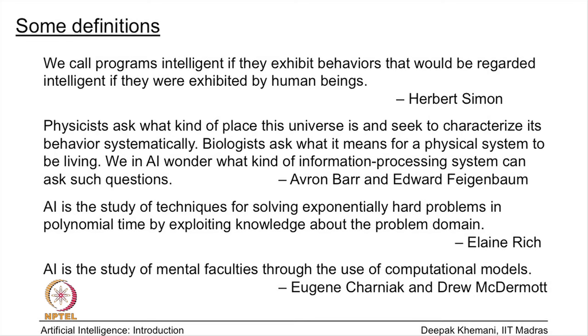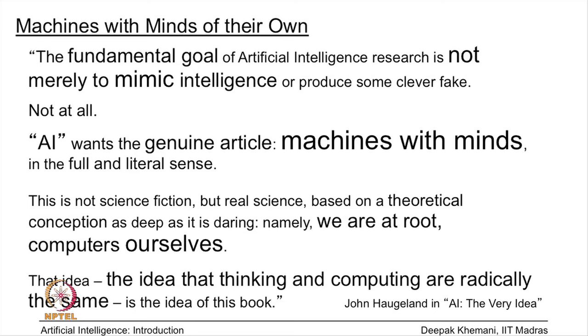The definition which I like most, and before I come to that, look at these definitions. They are saying if a human being does this, then it is intelligent, and we want to do something similar. So, we want to mimic human intelligence. The definition which I like most comes not from a computer scientist, but from a philosopher that we mentioned, John Haugeland, in the book AI: The Very Idea.